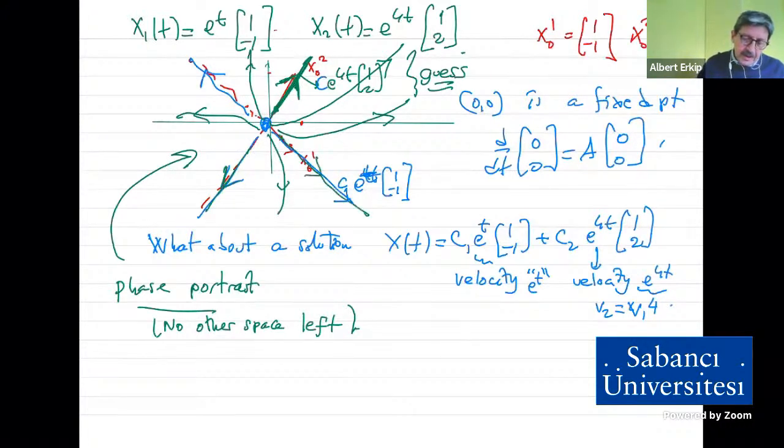Then I have combinations of these two in the general case, but the velocity of the first one is e to the t, whereas the velocity of the second is e to the 4t. So the second one is the fourth power of the first one. So you should get some curves like this. This was not very precise, but more or less what it is.